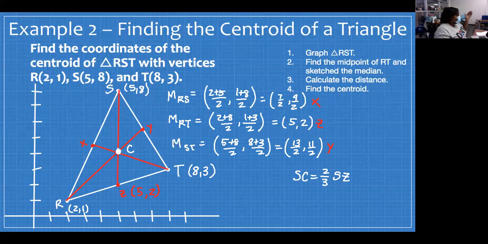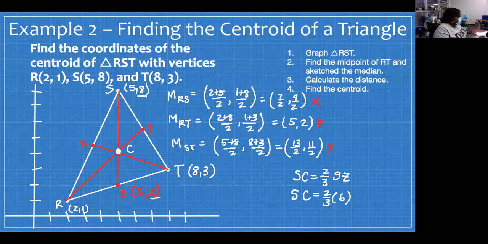So what is the length from S to C? We don't know yet. That's what we're trying to figure out, right? Well, what is the length from S to Z? 6, right? Because from 8 to 2, that's going to be 6.